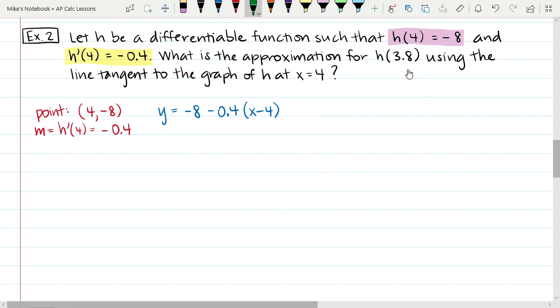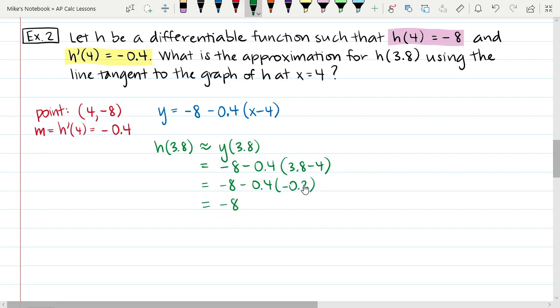And so now if I'm trying to approximate h of 3.8, that's going to be approximately equal to y of 3.8. So that's going to be negative 8 minus 0.4 times 3.8 minus 4. All right, so now I'm going to get 3.8 minus 4. That's going to be a negative 0.2.